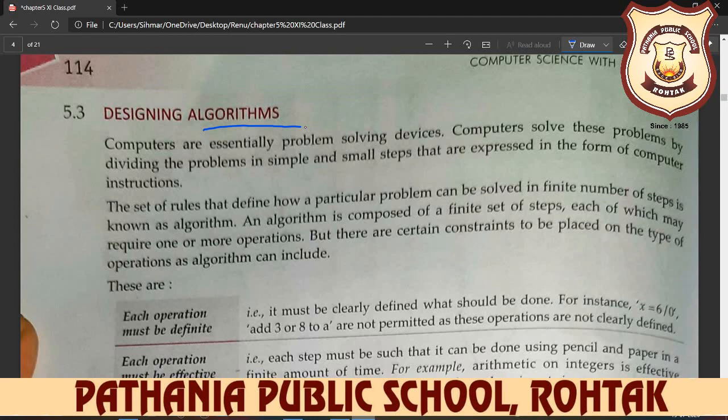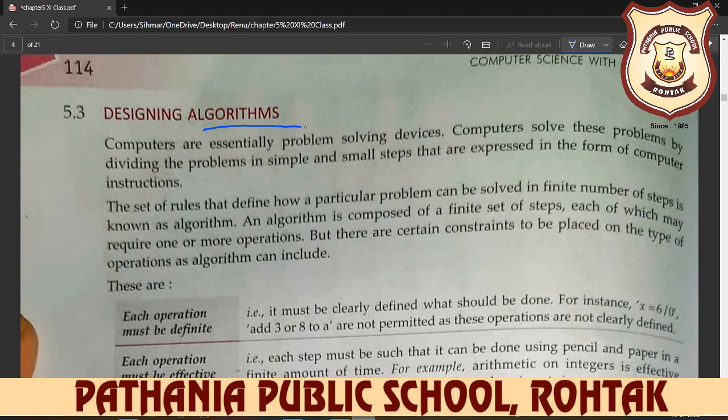This is your basic programming chapter. For any project, you first need to understand this chapter. So today we learn algorithm.